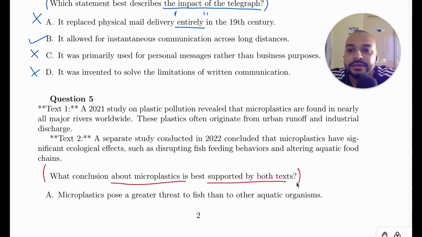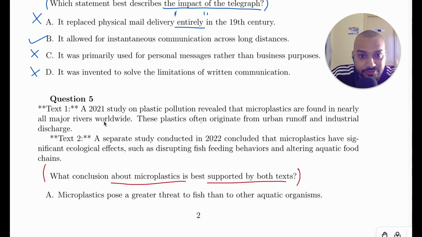Text 1: A 2021 study on plastic pollution revealed that microplastics are found in nearly all major rivers worldwide. These plastics often originate from urban runoff and industrial discharge. The next one: a separate study conducted in 2022 concluded that microplastics have significant ecological effects such as disrupting fish feeding behaviors and altering aquatic food chains.